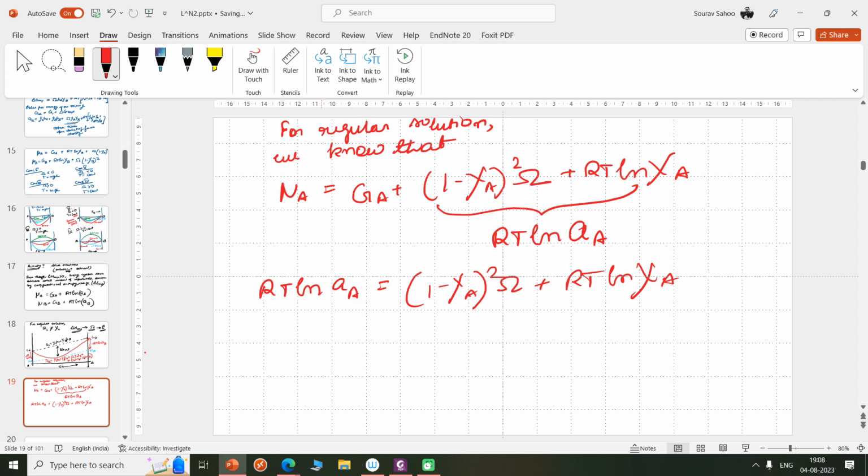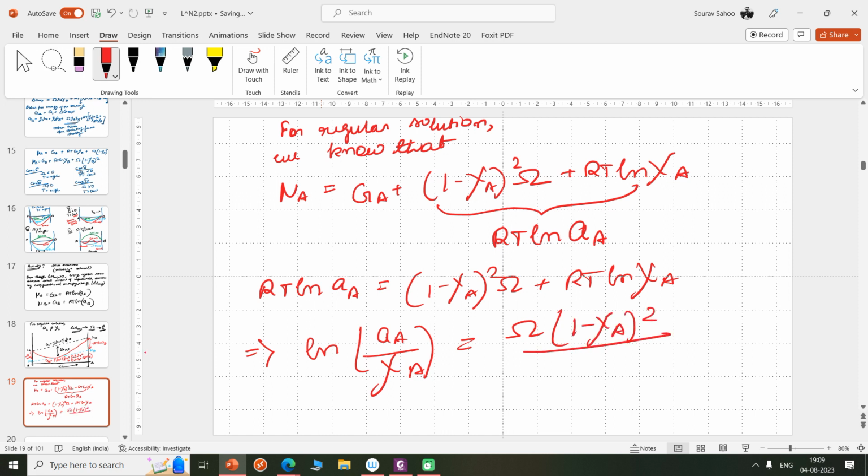Okay, and this will give us ln gamma A is equal to omega (1 minus chi A) square by RT.